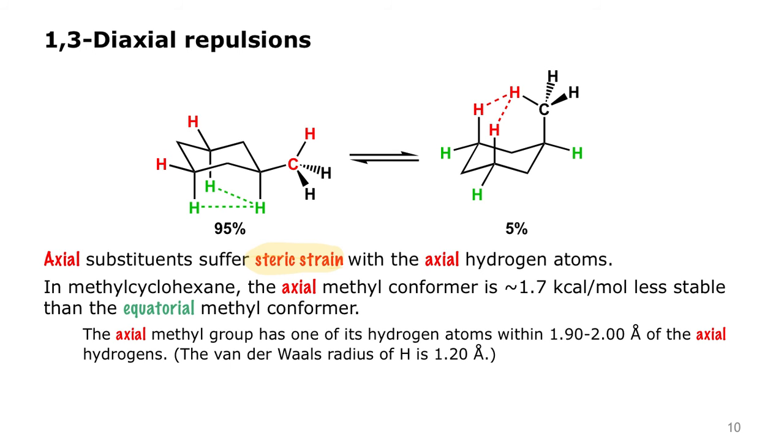We have a name for this. It's a particular type of steric interaction that commonly arises on cyclohexane rings, and it's called a 1,3 diaxial interaction.